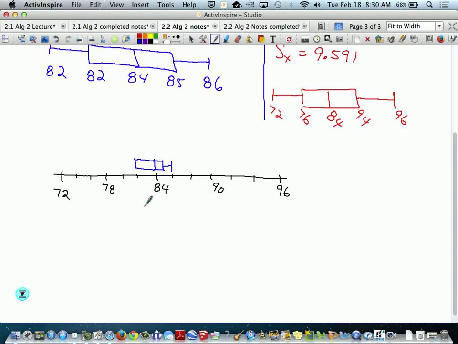All right, the red one then, 72 and 76 would be there, above 76, 84, 94, and then the tail.